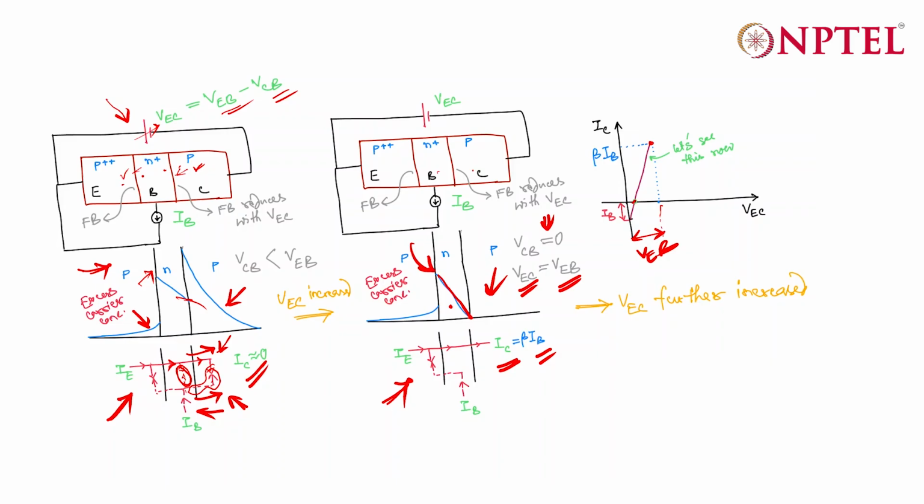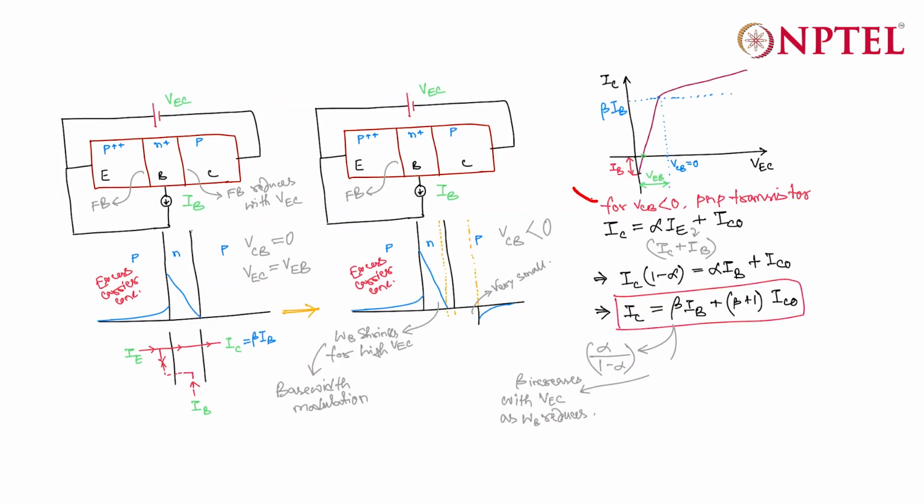Now let us see what happens after that. In practice, you'll see that actually the current is rising with VEC. There is a slope. So we will describe why it is so. So if your VCB is less than 0, or if your collector junction is in reverse bias, the collector current expression is IC is equal to alpha IE plus ICO.